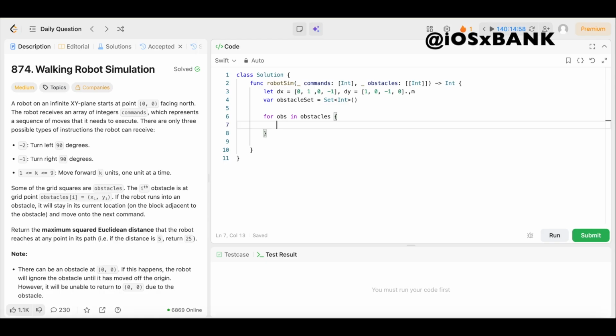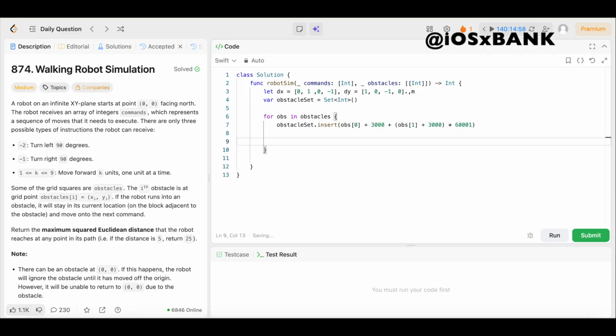So we're going to say obstacle set dot insert, open up the parentheses, obs square bracket 0, come outside of that, plus 3000, plus, open up the parentheses, obs square bracket 1, come outside of those square brackets, and we're going to say plus 3000. Then we're going to come outside these parentheses, but still inside the other parentheses, and we're going to say times 6001. Boom. Or we could say 60,001.